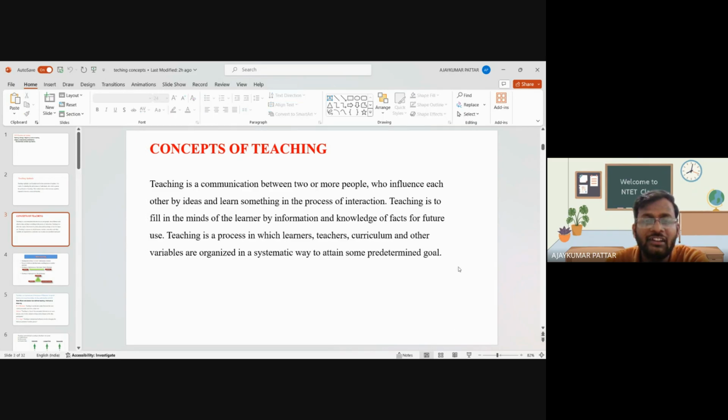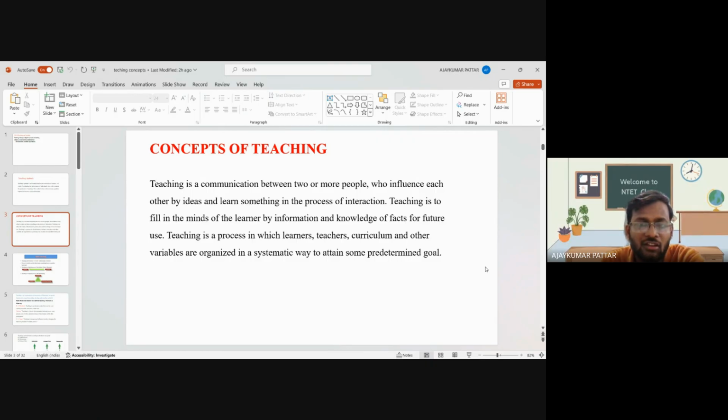Teaching is a communication between two or more people, whether the communication is direct, indirect, or by other methods. Without communication, teaching will not happen. So communication is needed between two or more people who influence each other.